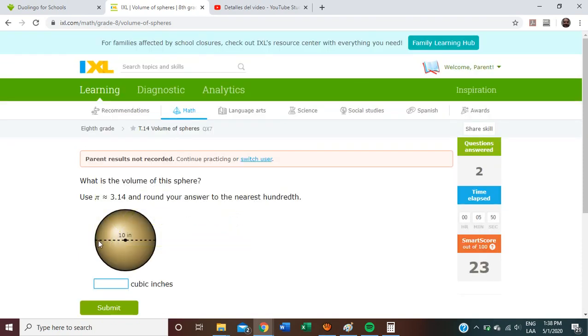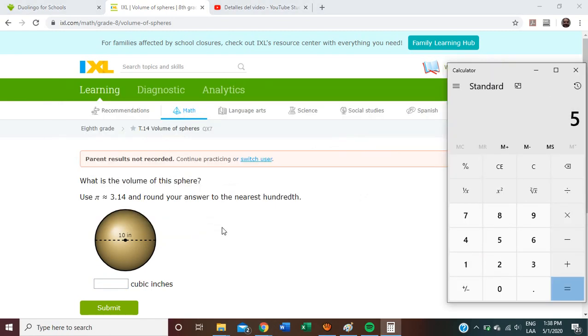Okay, what happens when instead of the radius, from the center to one of the edges, they give you the diameter? Well, pretty simple. You just divide the diameter by 2 and you get the radius, right? So 5 times 5 times 5, because 5 is half of 10, all right?